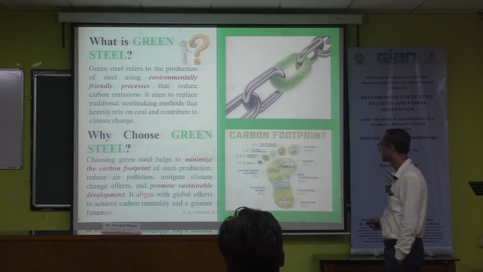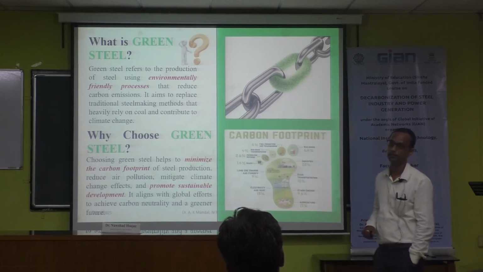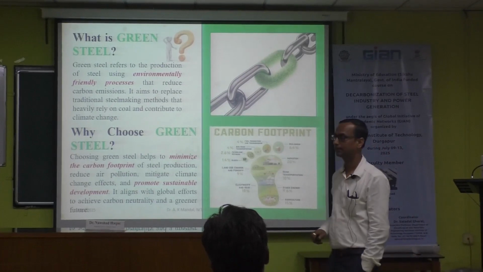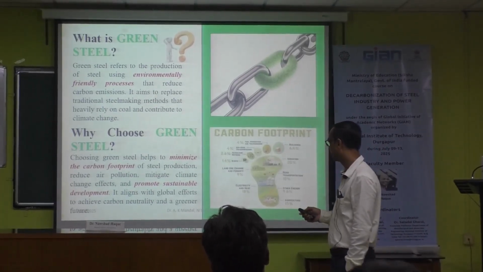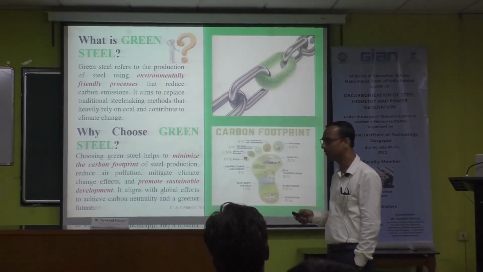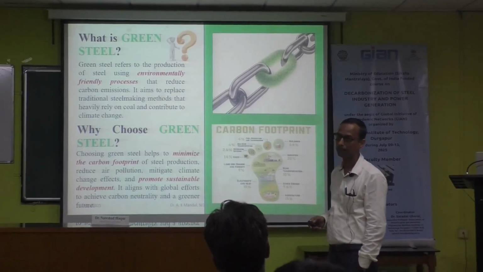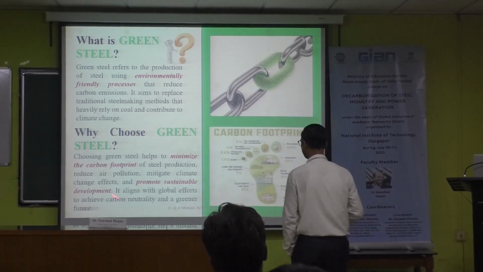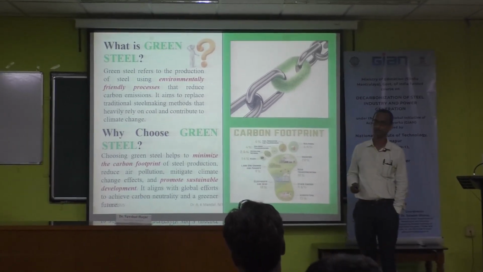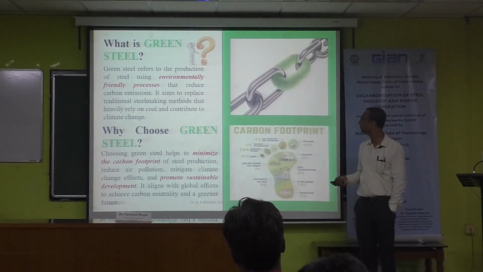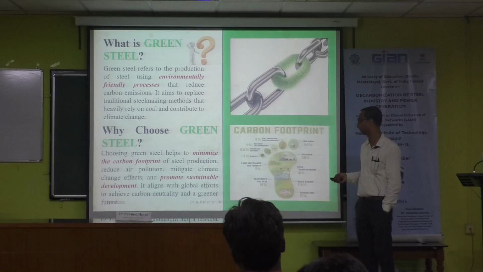One is to promote sustainable development. It means carbon neutrality, but finally we have to go for sustainable development. Therefore, people start thinking about green steel, although it is still in the first year.